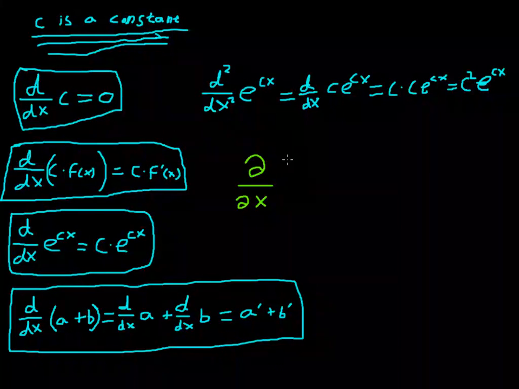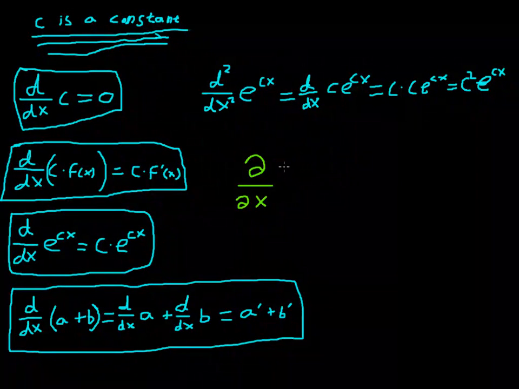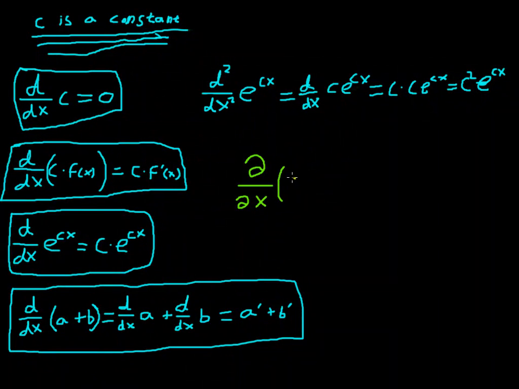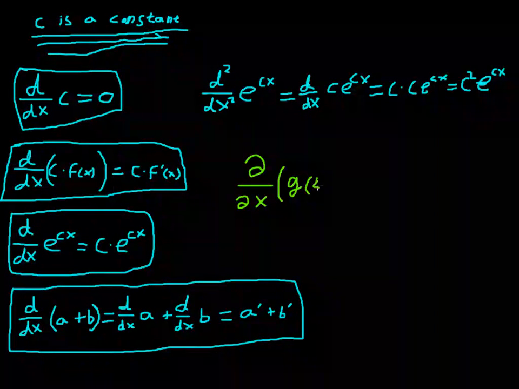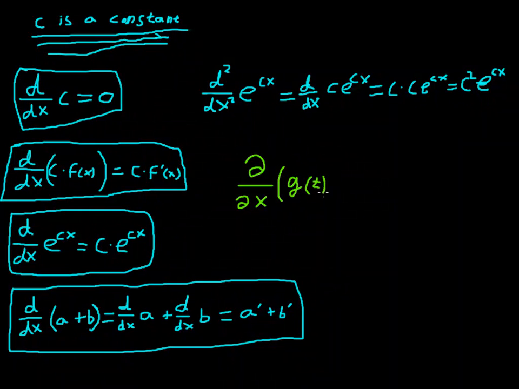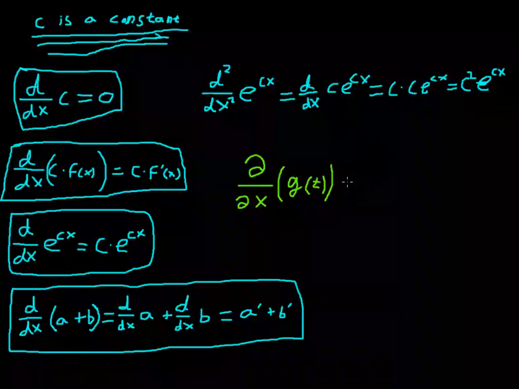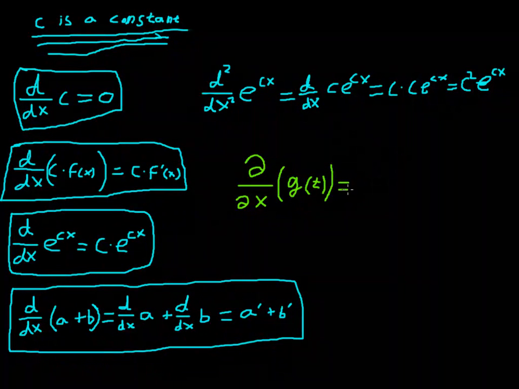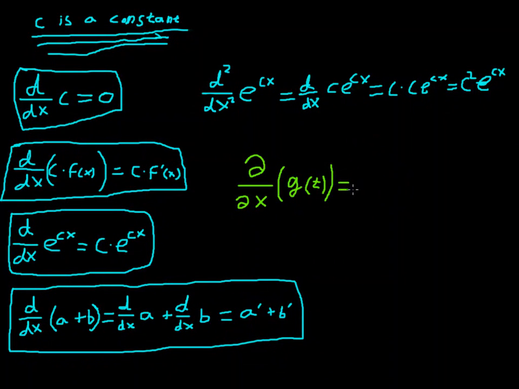It can act, say, on a function of x and a function of time. Now, what this does is if you act on g of t, a function of time, this considers time and any function of time to be constant. So this is going to be equal to 0.